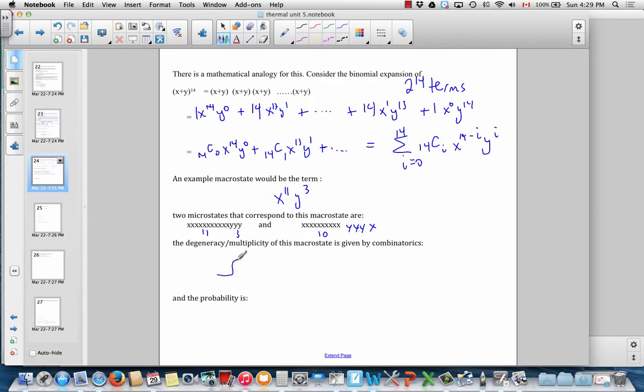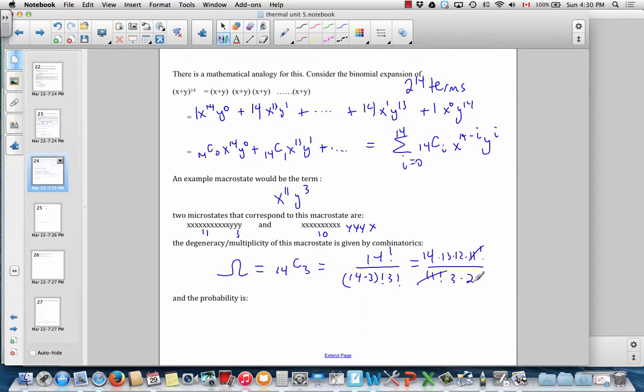Well, it's given by this combinatoric coefficient. It's 14 choose 3. And we know that's given by 14 factorial over 14 minus 3 factorial times 3 factorial. And so working that out, that's 14 times 13 times 12 times 11 factorial. That cancels the 11 factorial here.